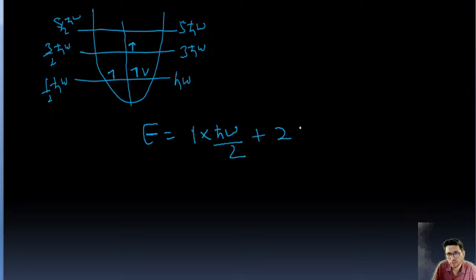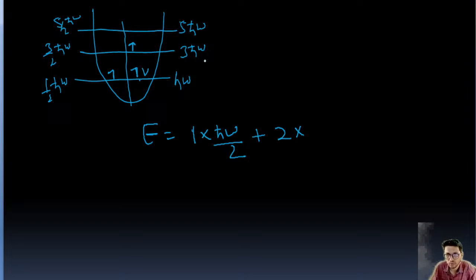Plus 2 into, this is a very important step guys, because in the ground state there would be two ground state levels, the same: one for the 4m particle and one for the mass m particle. Its ground state energy is going to be ħω. So there is only one particle, so 1 into ħω/2. Of the three particles, 2 will be in the ground state first, right? And 1 will be here.